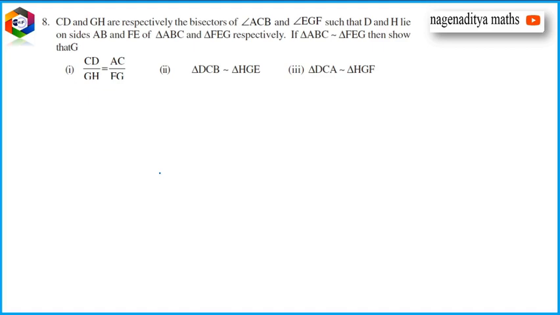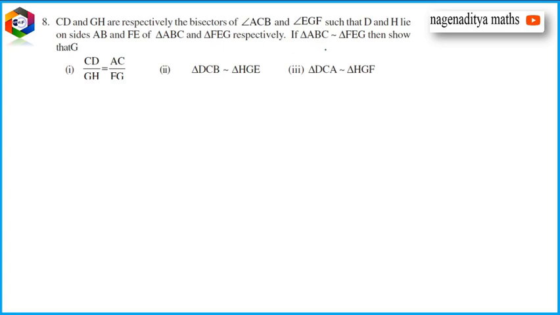The next problem. CD and GH are respectively the bisectors of angle ACB and angle EGF, such that D and H lie on sides AB and FE of triangle ABC and triangle FEG respectively.